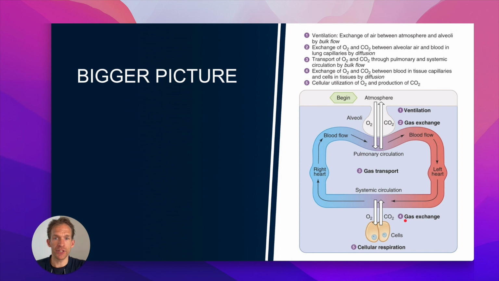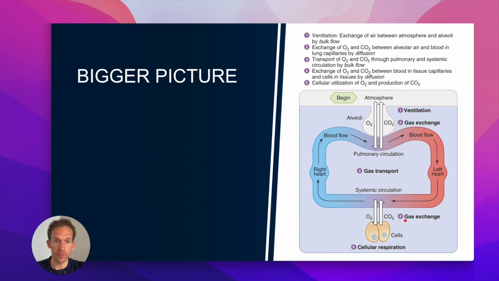If you look at the bigger picture, we will get back to a couple of these steps later in this video and also in other future videos. What you see is that respiration needs ventilation, but ventilation is simply the bulk flow of air in and out of the lungs. Then the exchange between O2 and CO2 happens inside the lungs, between the alveoli and the bloodstream.